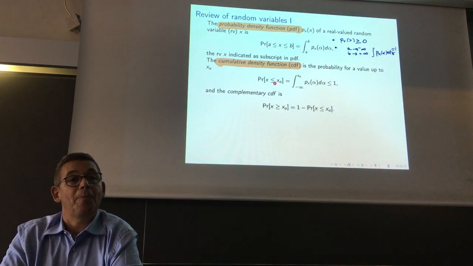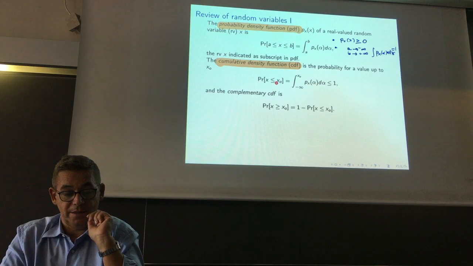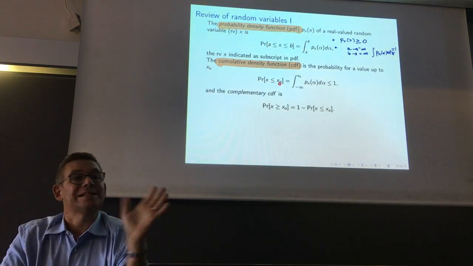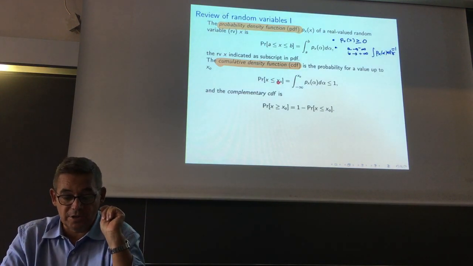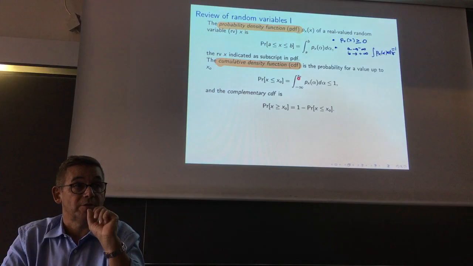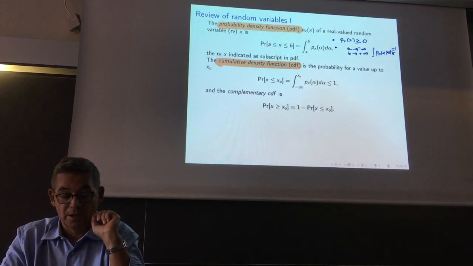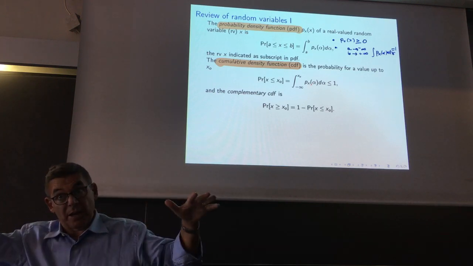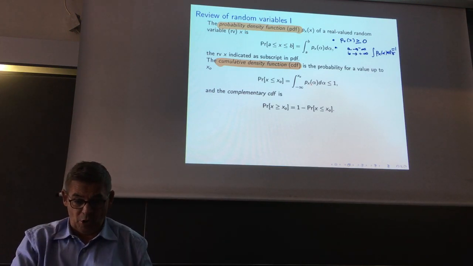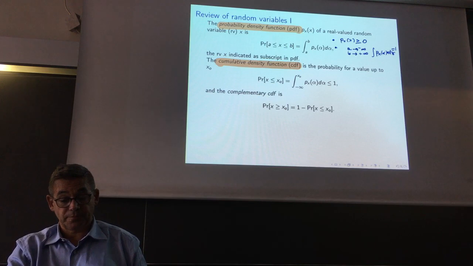For example, what is the probability that the random variable is lower than 10? This can be obtained by integrating the probability density function from minus infinity to a specific value, x0. Since the area is normalized to 1, this is lower than or equal to 1.